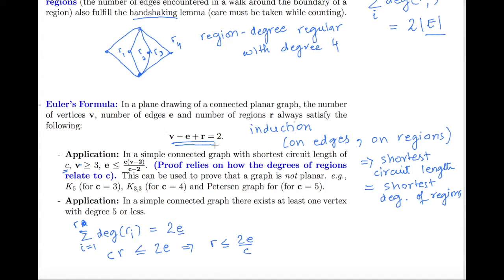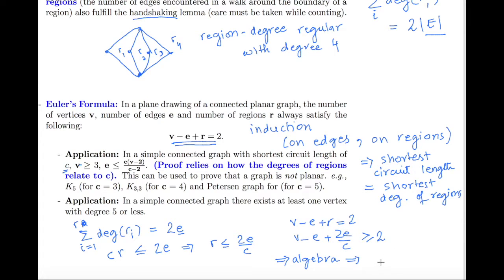Now I go to the Euler equation again. This equation says V minus E plus R is equal to 2, and then I can say V minus E plus 2E over C is greater than or equal to 2, because I'm replacing R by something which is greater than R. Then it's just algebra. You bring the E on that side, factor out some terms and bring them to the other side.